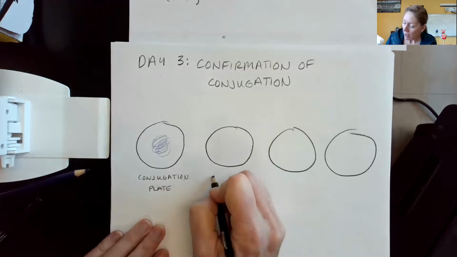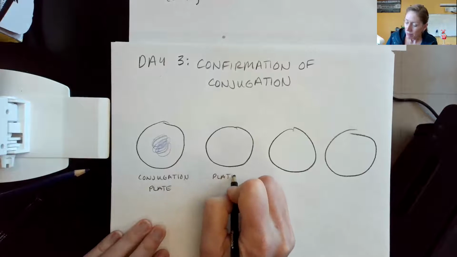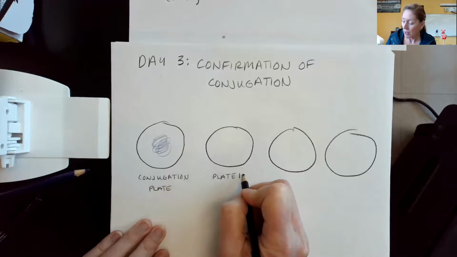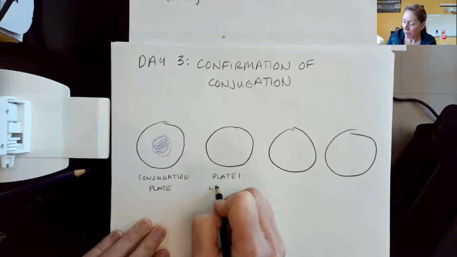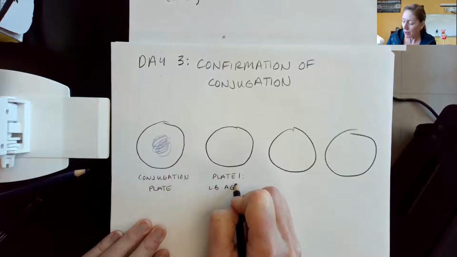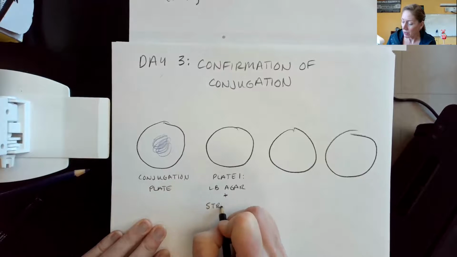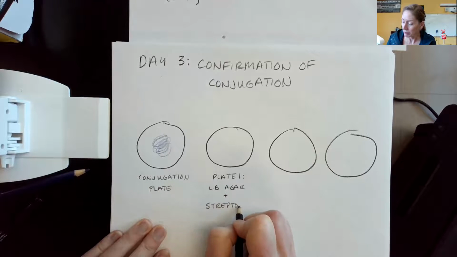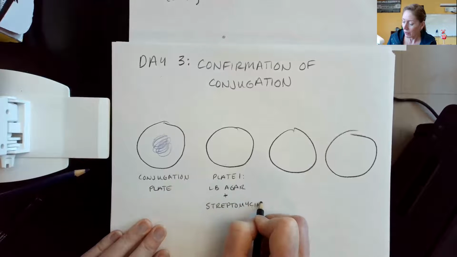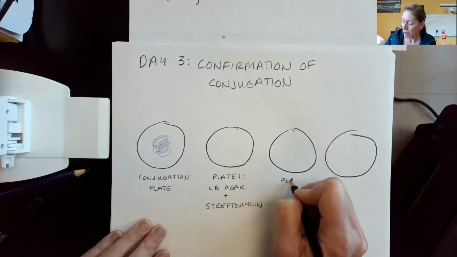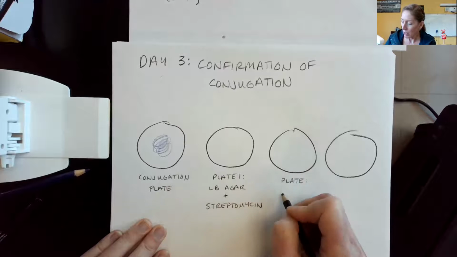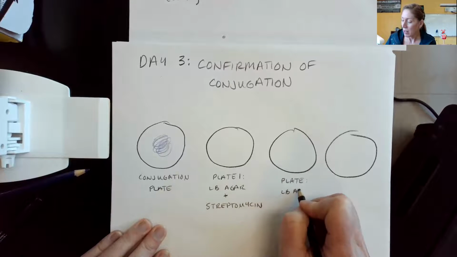Okay, and plate 1 is going to have our LB agar, and it's going to have streptomycin mixed in with it. Plate 2 is going to have the LB agar and ampicillin.